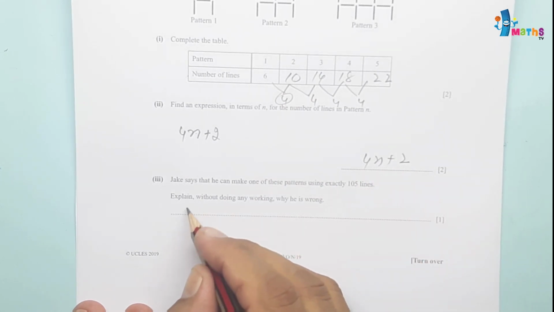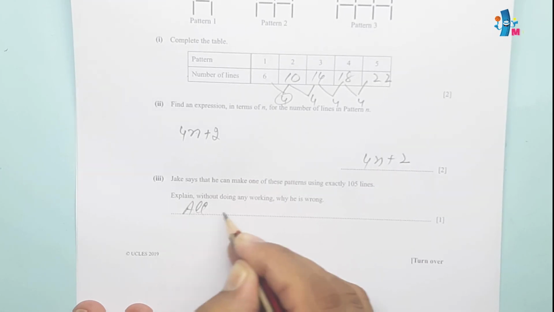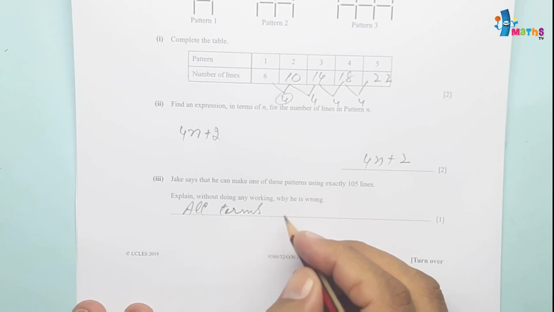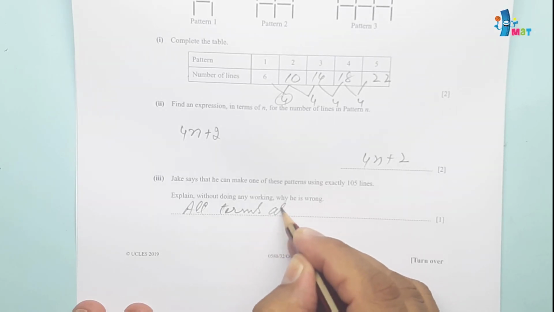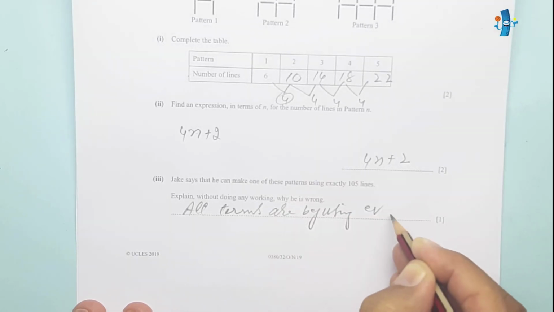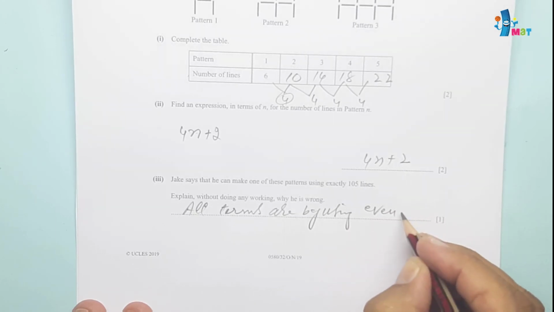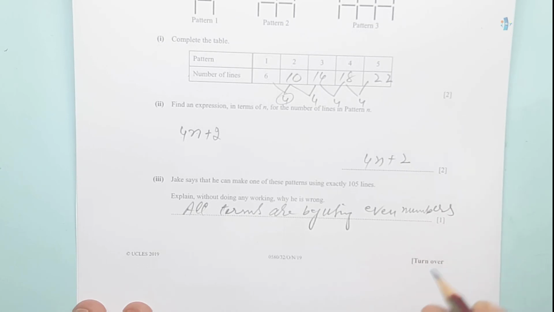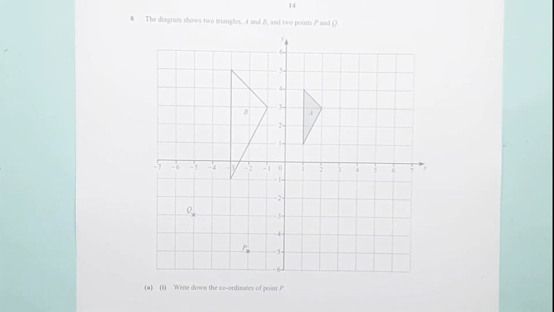So we can write here all terms are even numbers, right? So this is done.